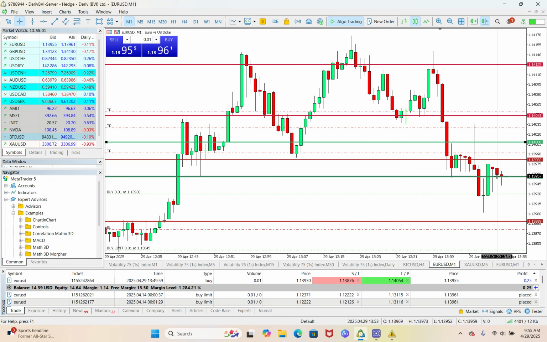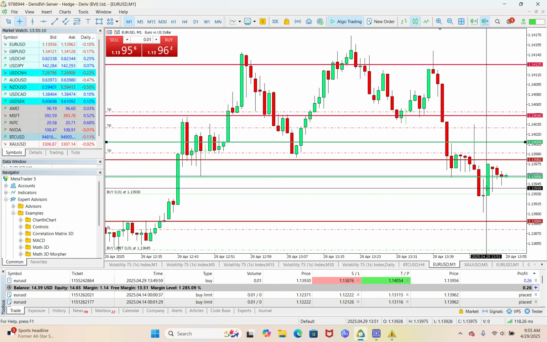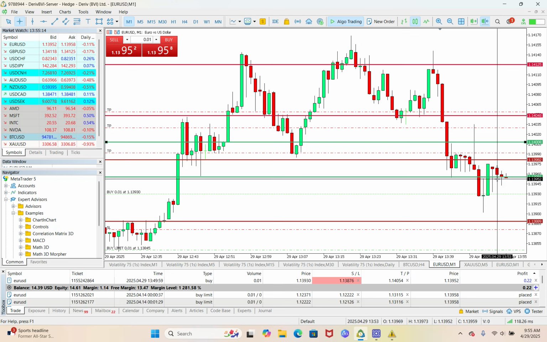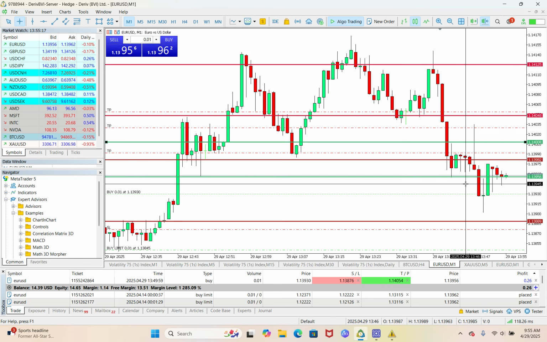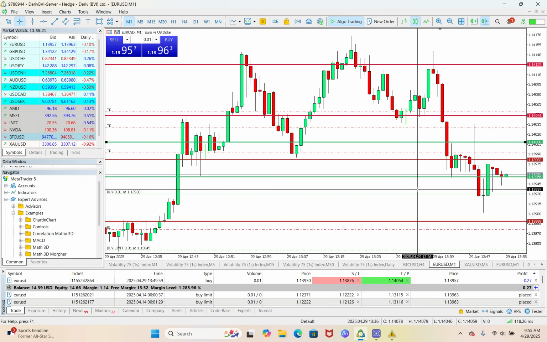So this candle closed red with an indecision candle, meaning that chances are the market can continue in the direction where it is going. The fact that you have an indecision candle. So let's see. Buyers are stepping in. Sellers are holding at the moment.